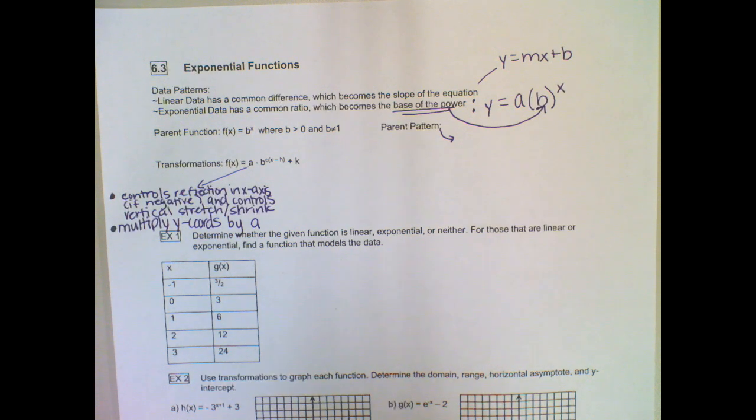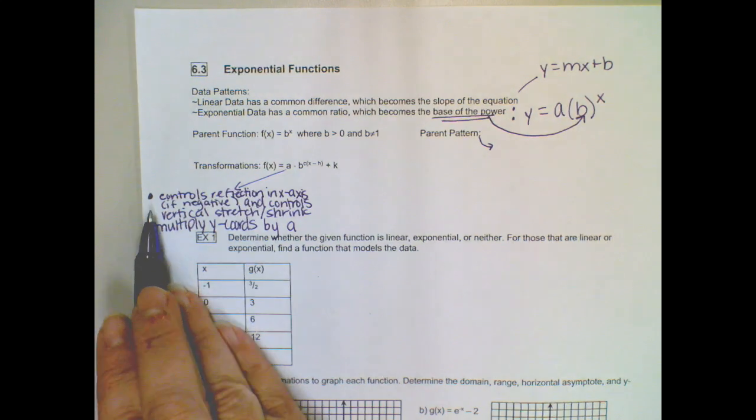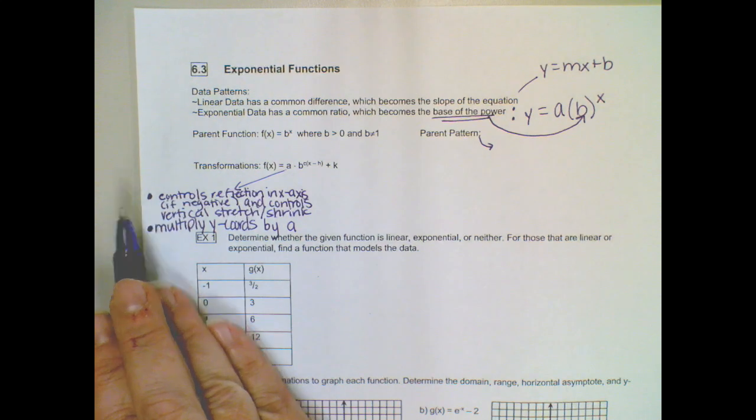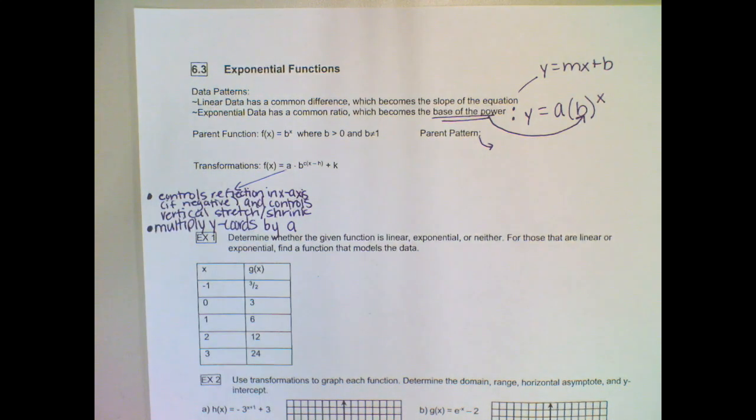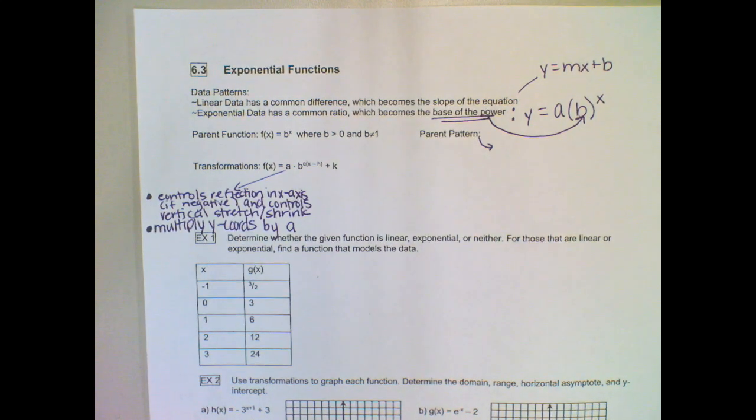So if a is -5, we're going to multiply all the y coordinates by -5. But that represents both a reflection in the x-axis and a vertical stretch by a factor of 5. So this is what we do to the coordinates. This is what we have for the transformations themselves.